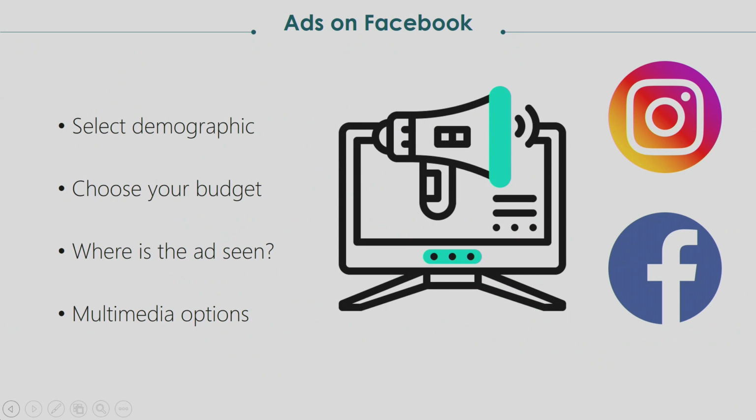You can also do it in the Messenger section, Facebook Stories, Facebook Marketplace, and then also Instagram. So by doing a Facebook ad, you also get Instagram ads as well, which is great because you're targeting two popular platforms at once. And then finally, Facebook allows you to add pictures. You can do a single picture, multiple pictures, or you could do a video if you'd like to go along with your message.